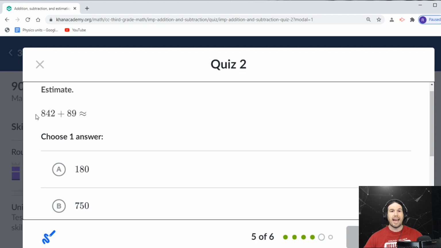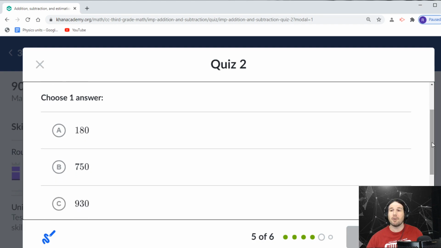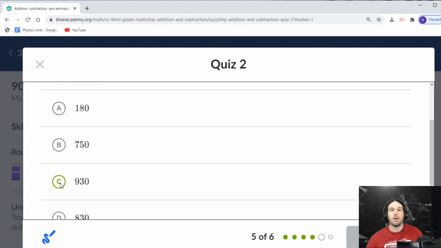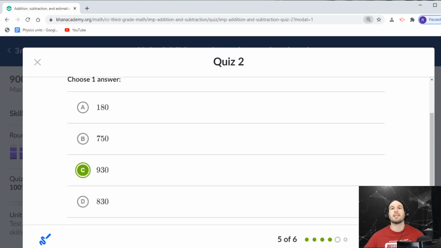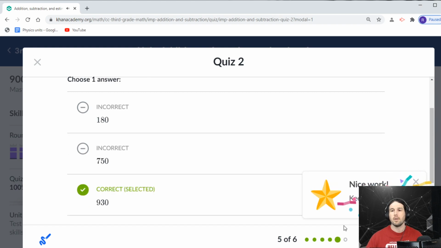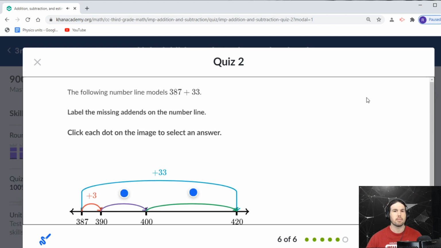So let's see. 842 is about 850. And 89 is, I'd say, about 100, I guess. So the two of them together would be about 950. Okay, so 930. That makes sense to me. Again, we're just estimating. We're not being super exact.